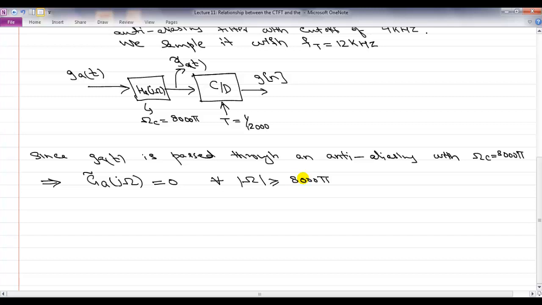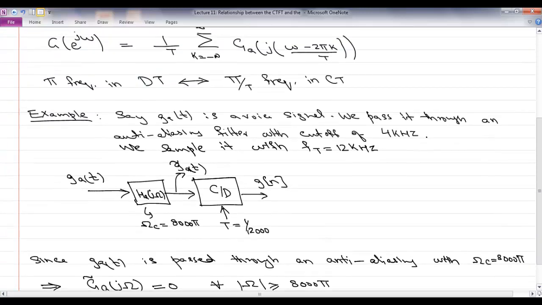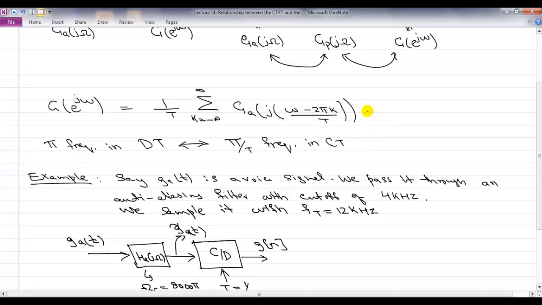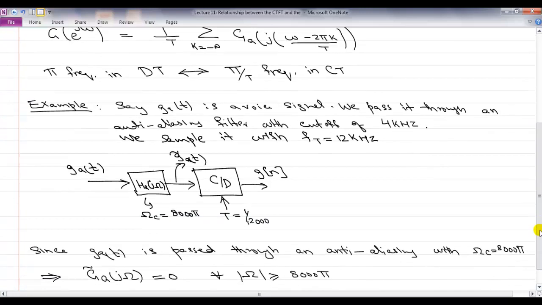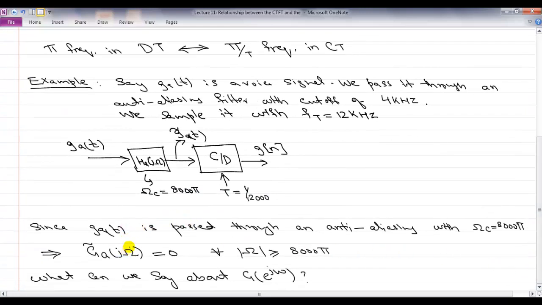Well, what would it mean in terms of the discrete time frequencies? So what can we say about G(e^{jω})? Okay. So if you remember this relationship, the mathematical relationship is given here, but what it effectively means is if you want to focus on the frequencies in the minus π to π range, you are going to get a copy of G̃_a(jω).